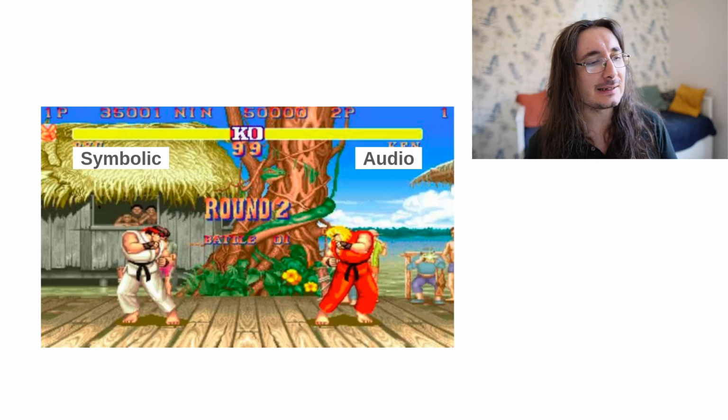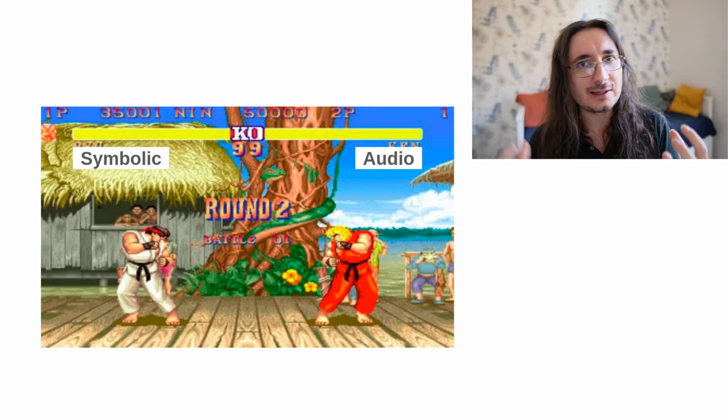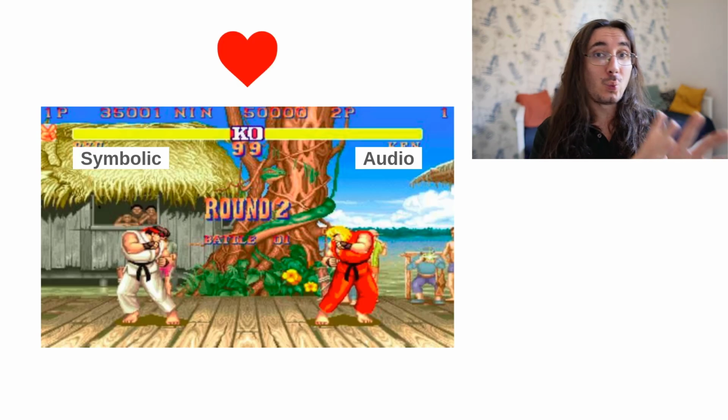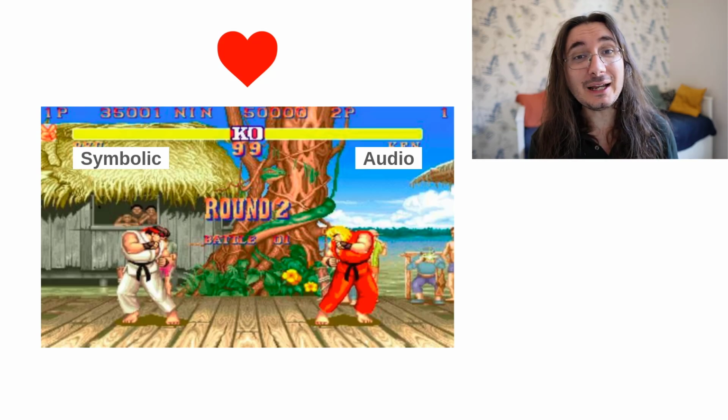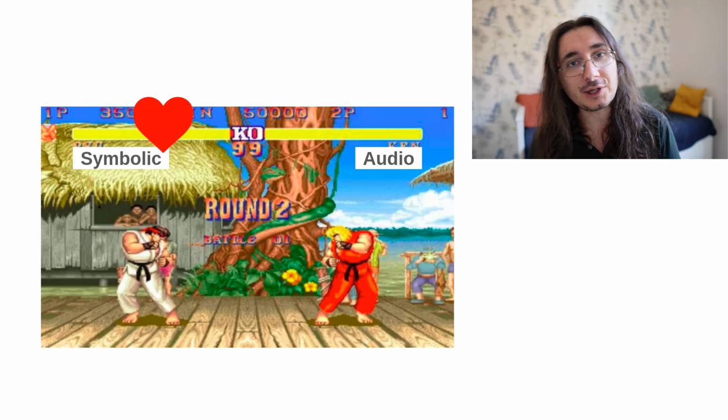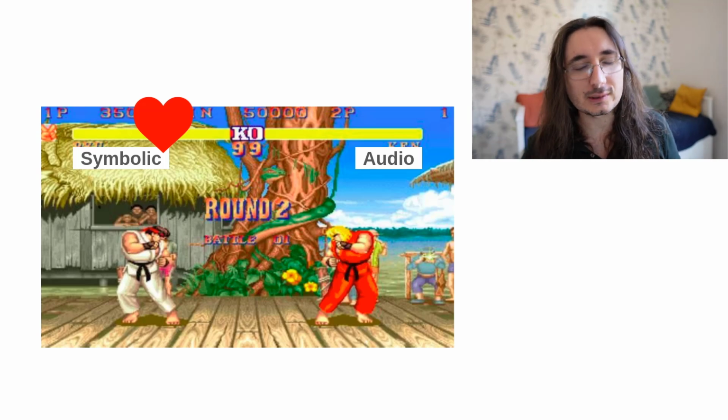But what I want to say is that there's quite a lot of tension between these two, not only about these two representations, but also about the proponents. And indeed, you usually love one or the other. In my case, I really love symbolic, even though lately I've experimented with audio-based generation models quite a lot, because they're super trendy right now.